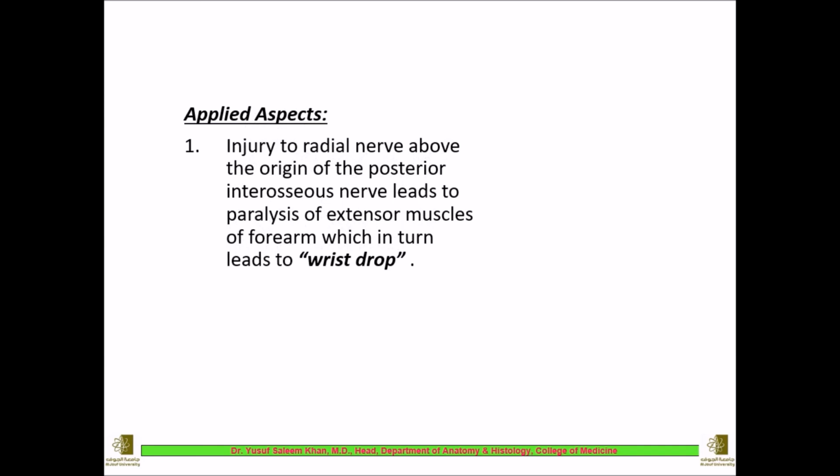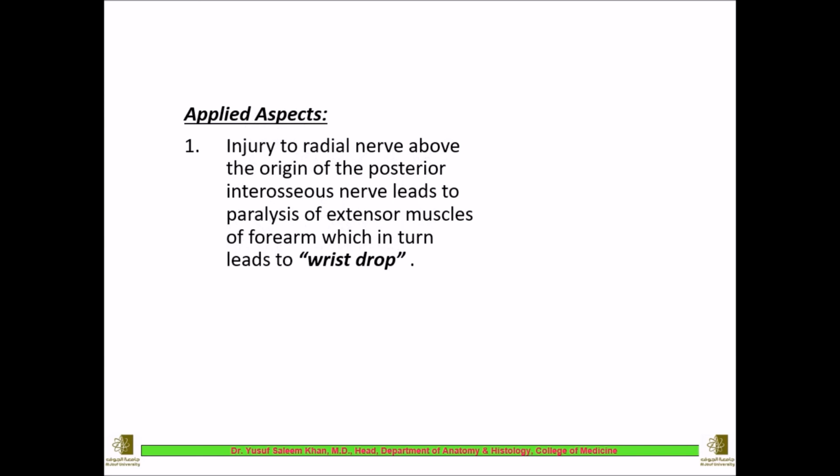If it is above, it will also injure some of the branches going directly from the radial nerve to the three muscles: the brachioradialis, the extensor carpi radialis longus, and the anconeus.